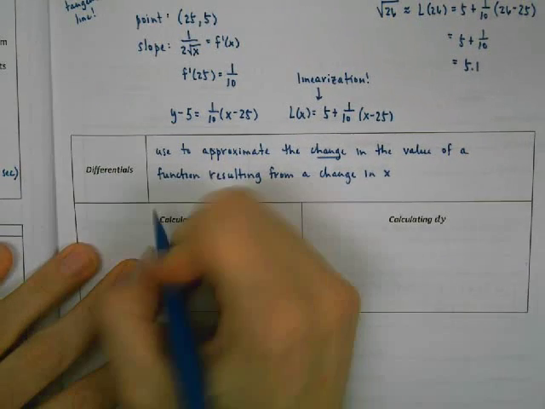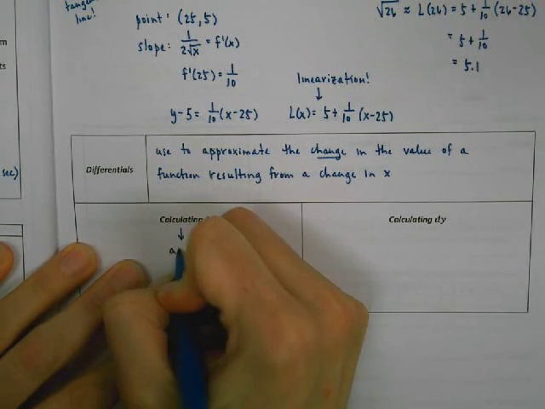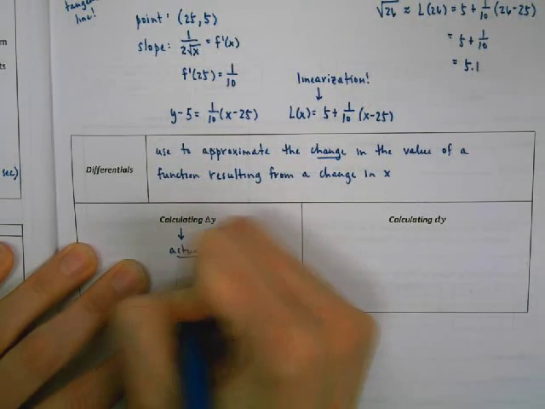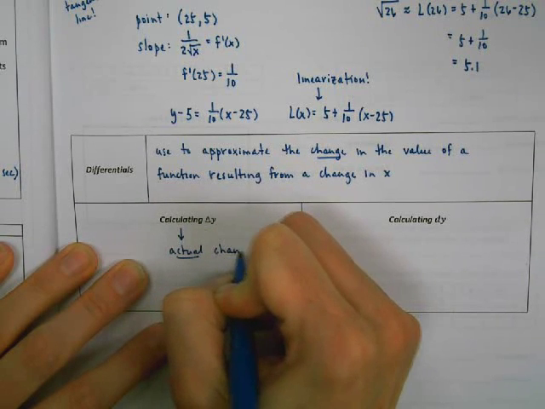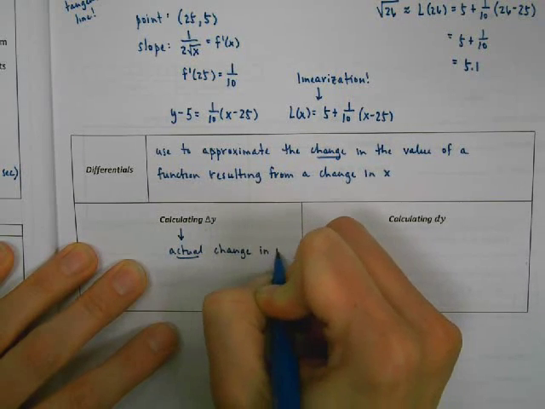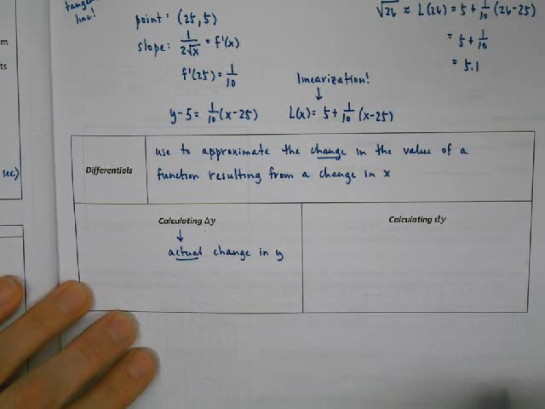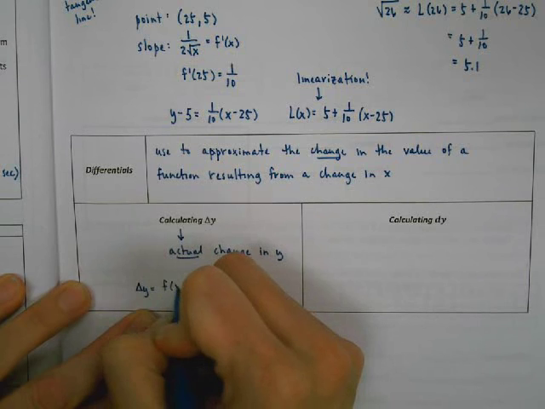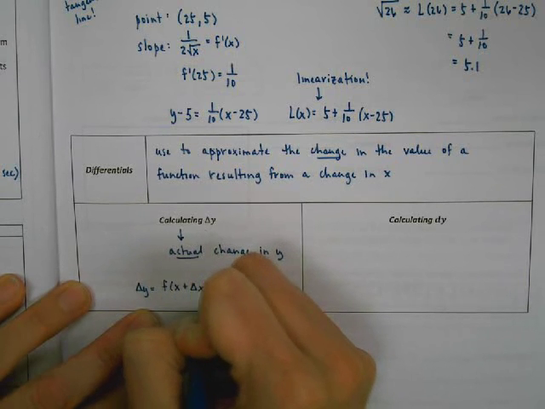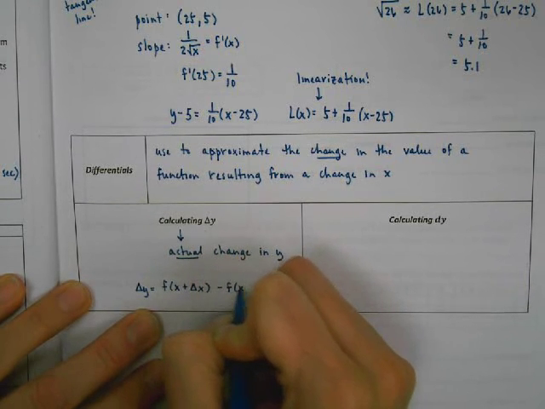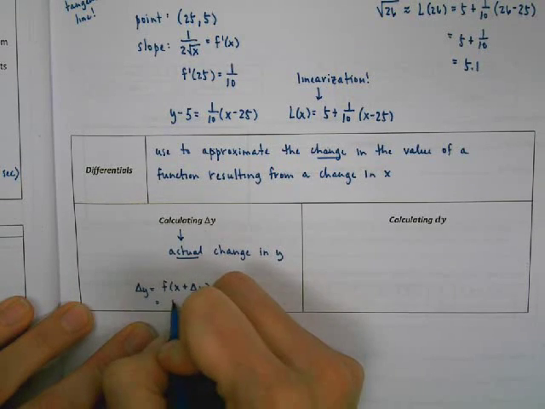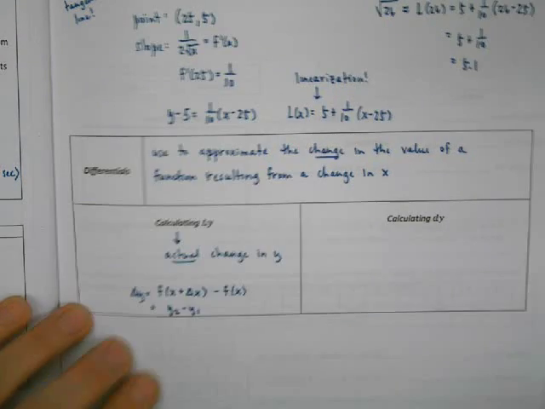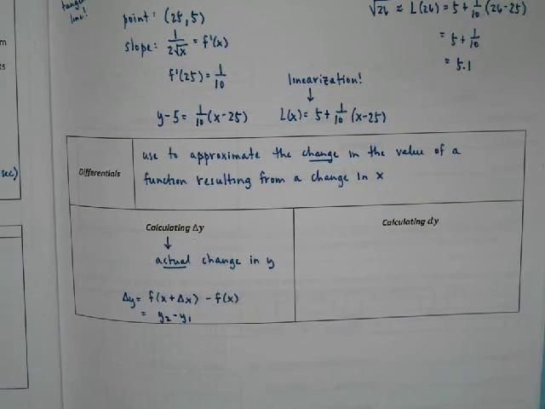So delta y, this is the actual change in y. So to get that, we're using our function. So delta y was, we had our f of x plus delta x minus f of x, or really we said that's really our y2 minus our y1.